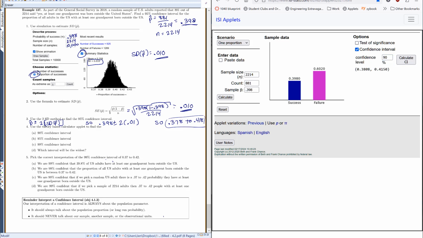So it's going to go from 0.3808 to 0.415. If I change it to 95% and hit calculate, I get 0.3775 to 0.4183.